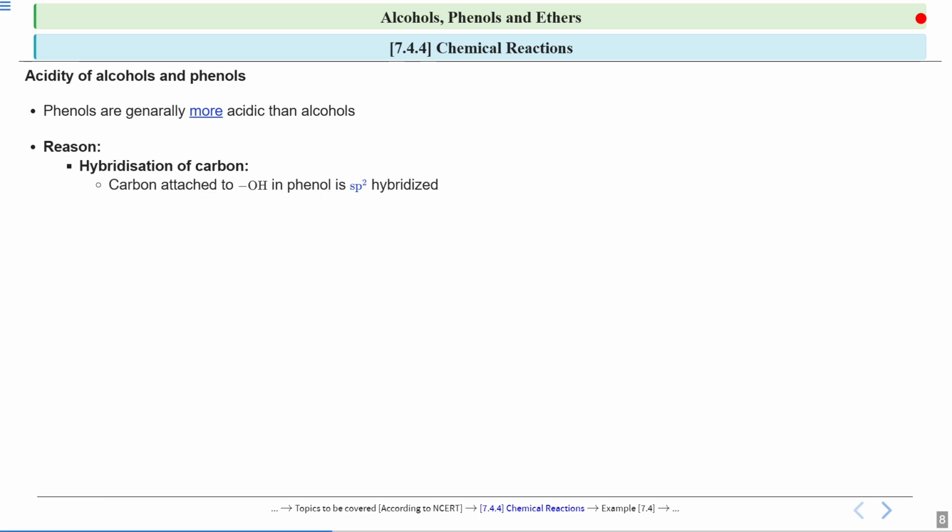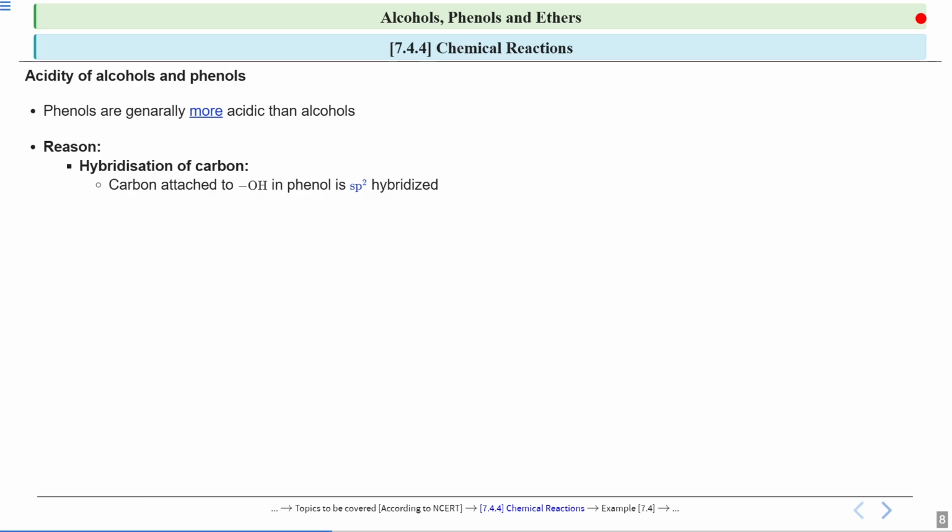So the carbon which is attached to the OH group in phenol is sp2 hybridized. Okay, so whenever we are talking about phenols, the carbon to which your OH group is attached is sp2 hybridized. But in case of alcohols, the carbon to which the OH group is attached is sp3 hybridized.